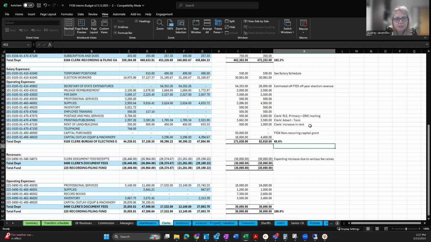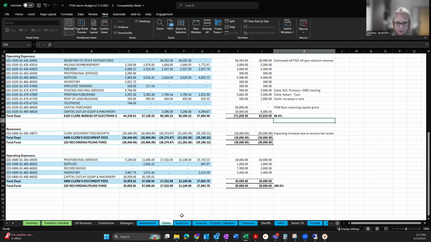But of course, if this needs to be adjusted up or down, just let us know. We can absolutely do that before the next meeting. Okay, I will take a look at everything and then let you guys know. Okay, thank you. I just wanted to get a sense here while we're skimming through things if everything was pretty similar.